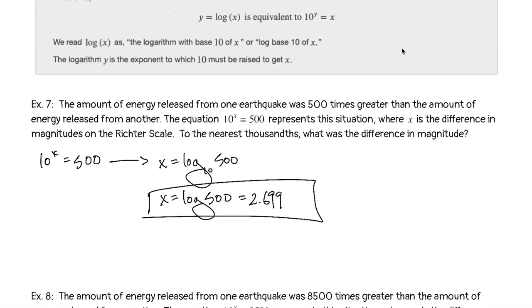But the other question is, what is the difference in magnitudes? What I mean by that is, let's say you have earthquake 1 and it's a 2.0 earthquake. What would the Richter scale measure be for an earthquake that is 500 times greater in strength?